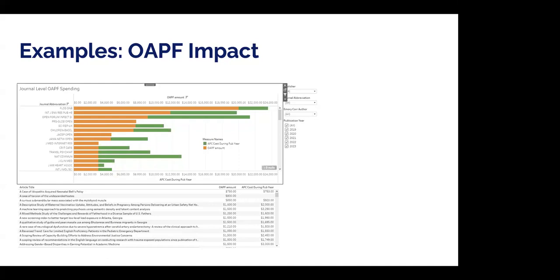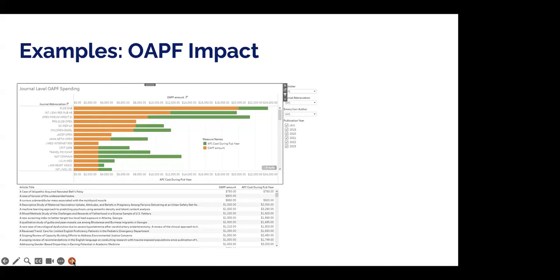And so this gives a very practical way of understanding what the fund has done over time, at the journal level, but we also have views at the publisher level in order to better understand the story.